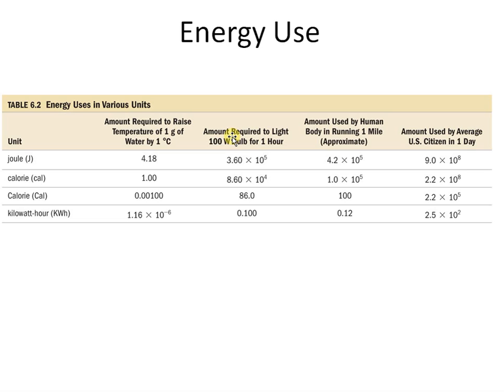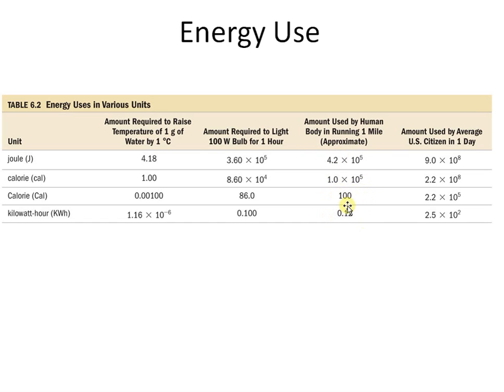Now, if you think about the energy that you as a person require for doing things, doing homework and so on, let me give you an idea here. For instance, if you are running about a mile, this depends on the mass of the body and other things, but these are kind of the levels of energy that you are using.